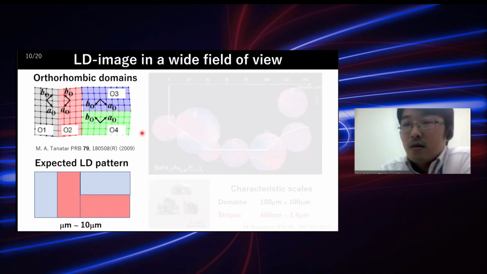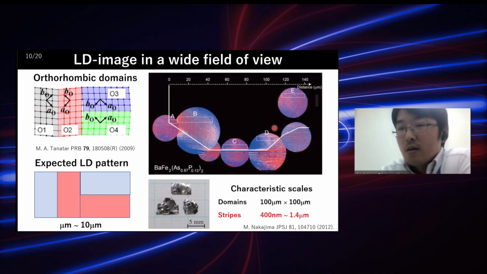But in reality, we observe such a complicated small pattern of the nematic electrons. So this data shows two characteristic scales. One is domains of 100 micrometer size, which likely corresponds to the orthorhombic domain size.